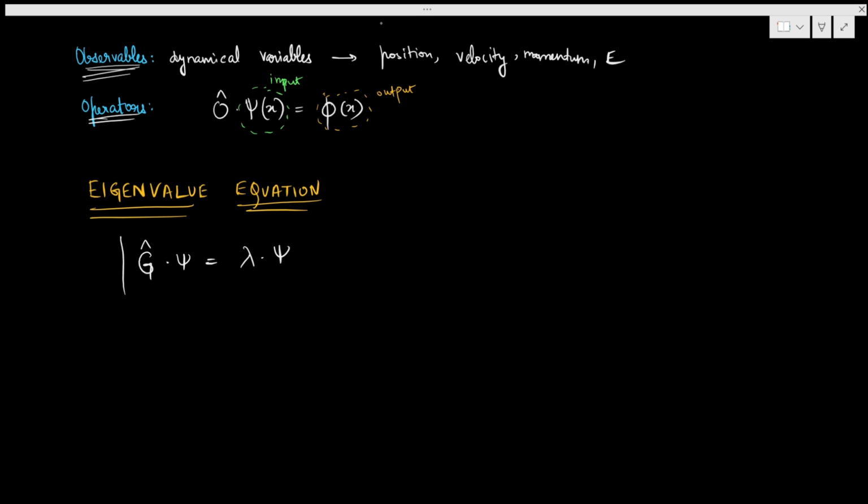Why is this significant? Let's look at this a little more carefully. You have G cap here, which is some operator, and then you have psi, which is your wave function. In this case, we're dealing with wave functions because quantum mechanics.